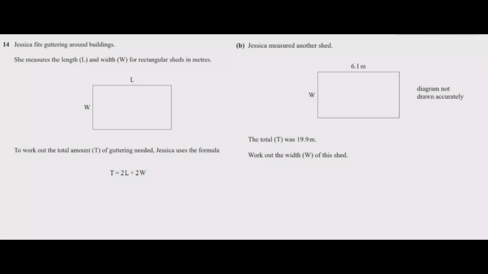To work out the width of this shed, we are going to use the same formula that was given, which is T is equal to 2L plus 2W. Okay, so are we given the total? Yes, we are given the total.